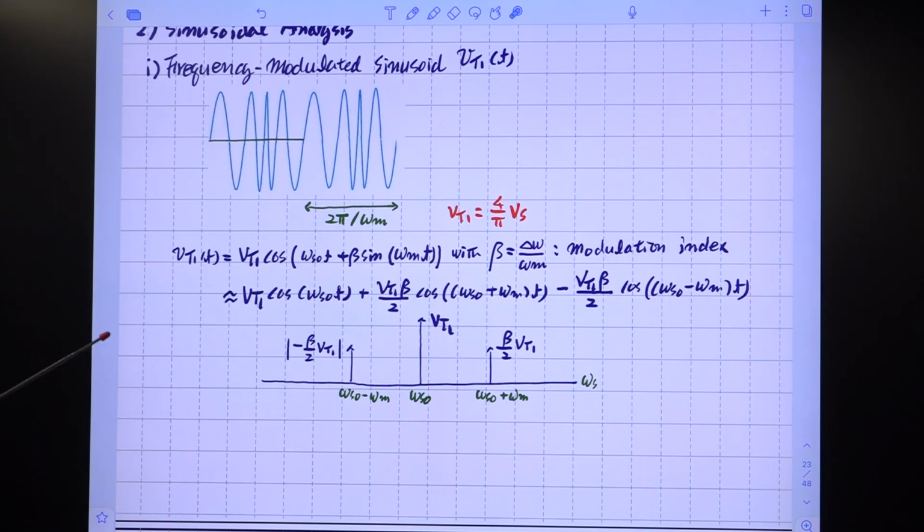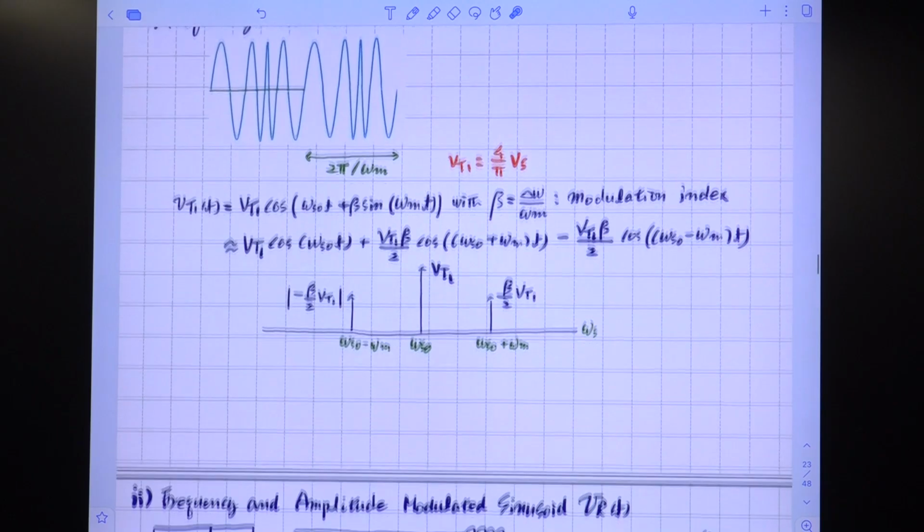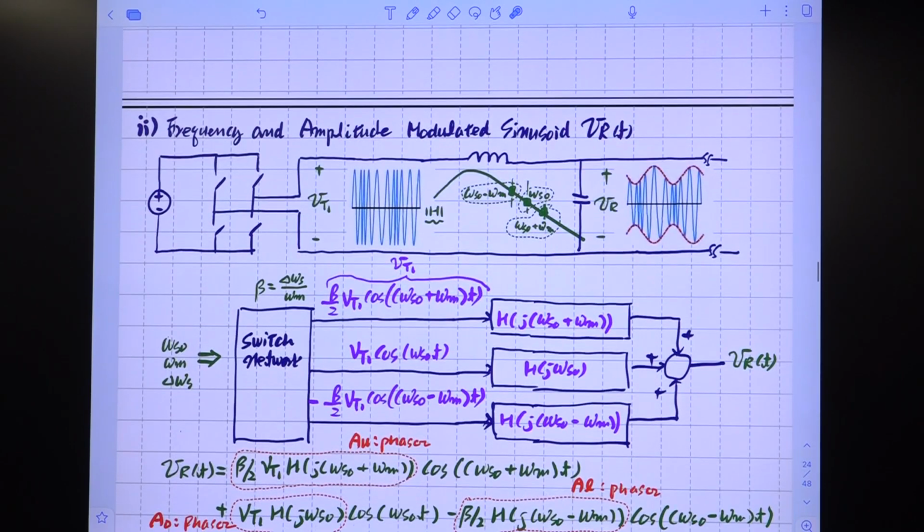Right? Last time we did some analysis of these sinusoidal waveforms using Bessel functions or something like that. This is the conclusion of that analysis, so I just copied the conclusion part of it. Then you have waveforms here.